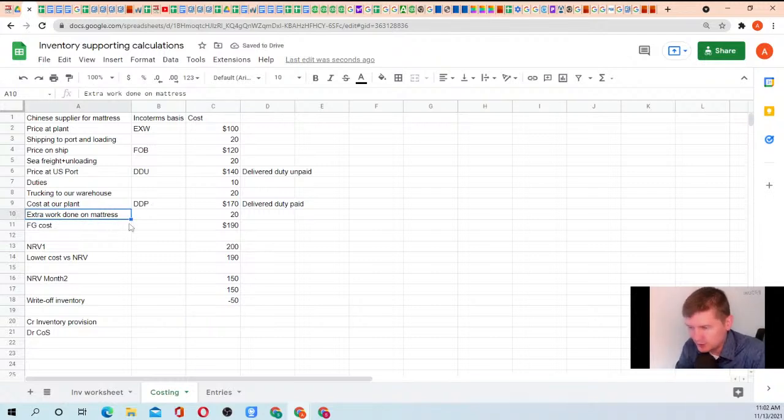If we do some job with the inventories to bring it to saleable condition, that all should be capitalized in the finished goods cost.